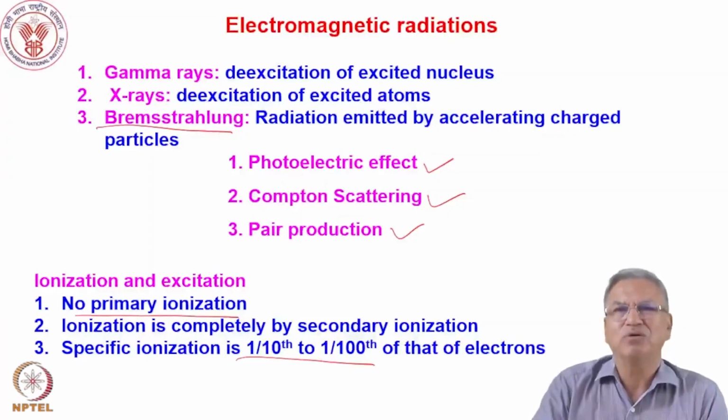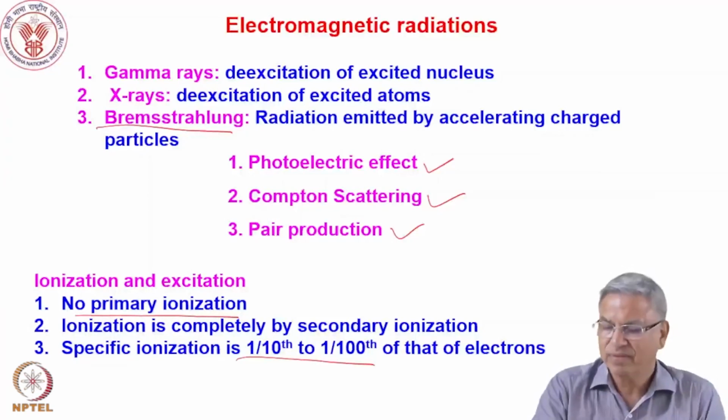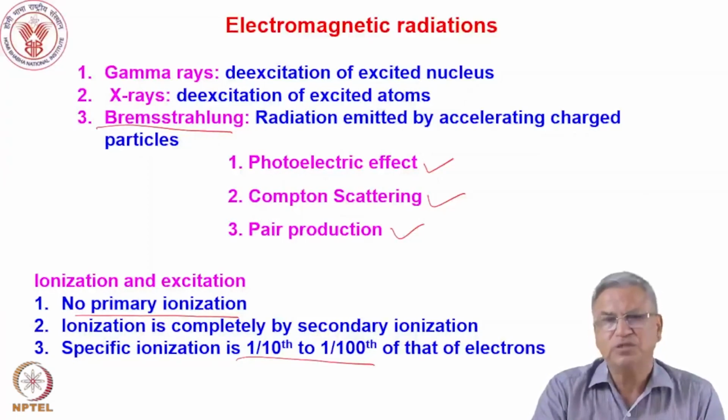That is very small, and that's why the gamma rays, or even the X-ray, Bremsstrahlung, all travel a long distance in any material. But then we know, we will discuss very soon, that it's the high Z materials which can stop the gamma rays effectively, and so they are the ones which are used to stop these gamma rays.